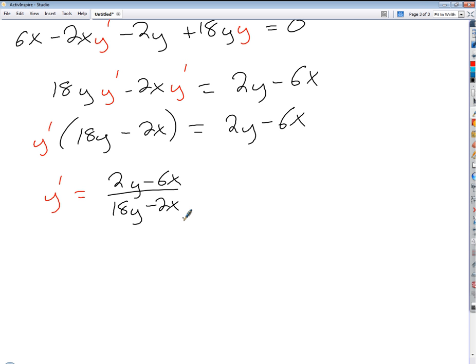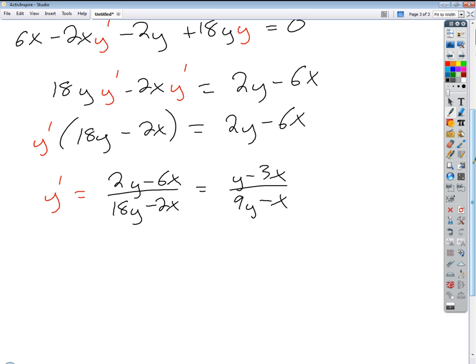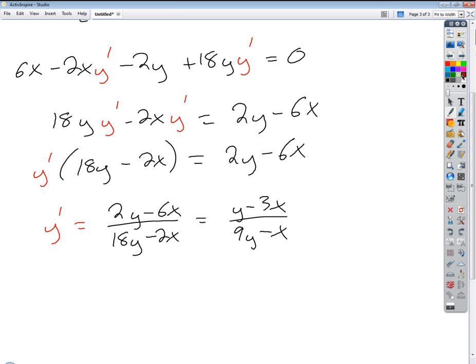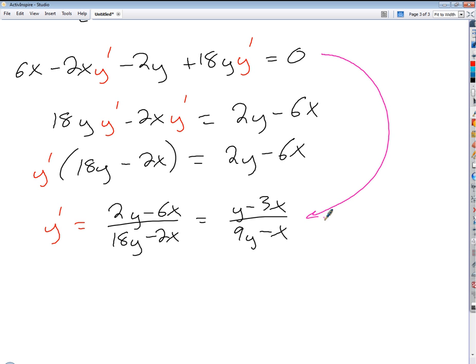Yeah, I could divide top and bottom by 2, couldn't I? Factor out a 2, top and bottom, and cancel is another way of thinking about it. So I just get y minus 3x over 9y minus x, okay? Couldn't we, though, really have gone from here down to there in almost one step?